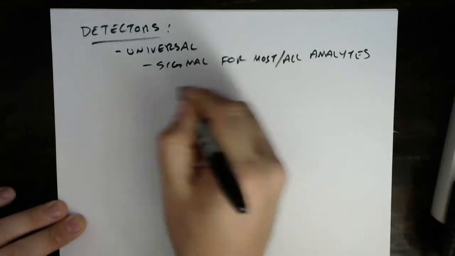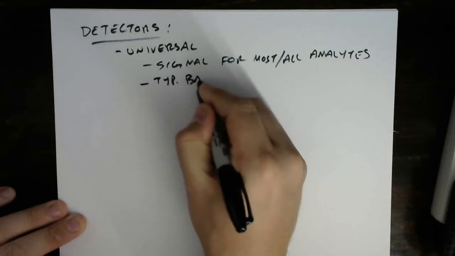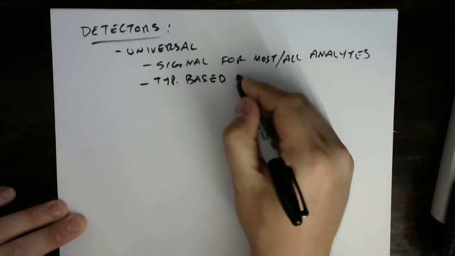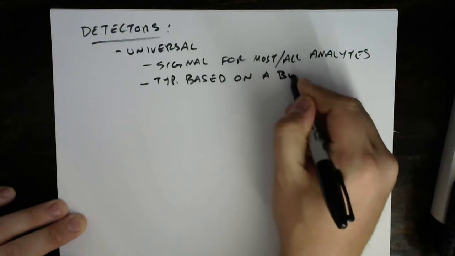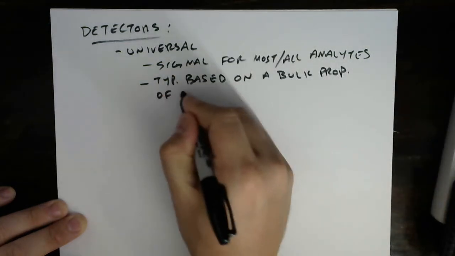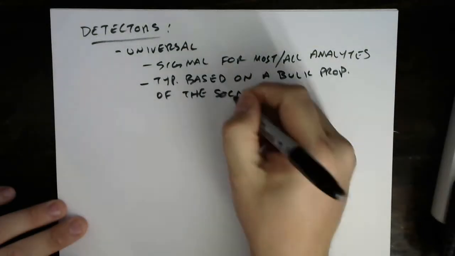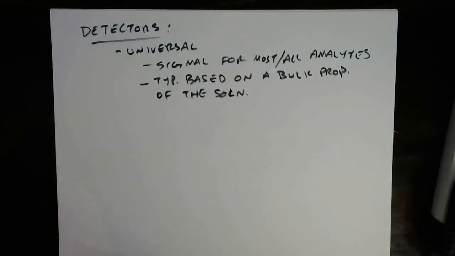It does this because the signal is typically based on a bulk property of the solution that's going through the detector, not necessarily a property of any specific analyte, but a bulk property, things like refractive index of that solution, for refractive index detectors, electrical conductivity of that solution for conductivity detectors, or thermal conductivity of that solution for thermal conductivity detectors.